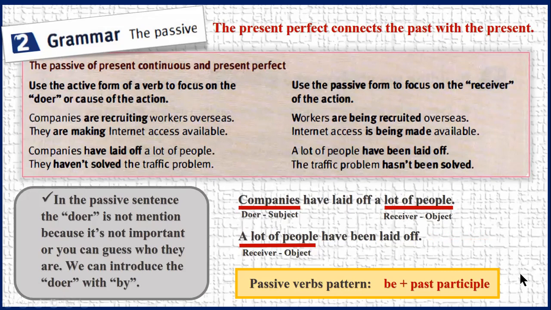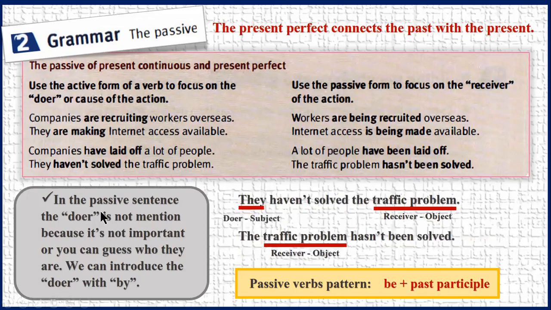Okay, guys, now, in the passive sentence, the doer, we read this already. The doer is not mentioned. The doer is not important. Now, let's look at the following example. Here, they is the doer, the creator of the action, the one doing the action.